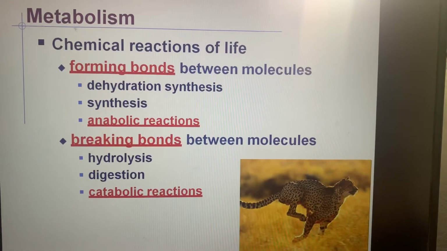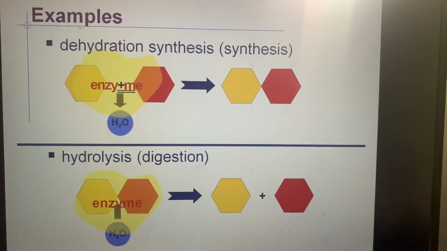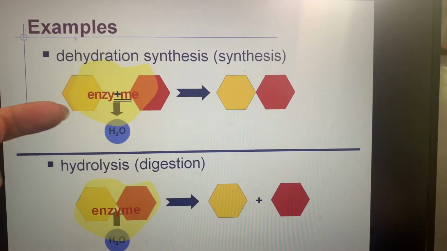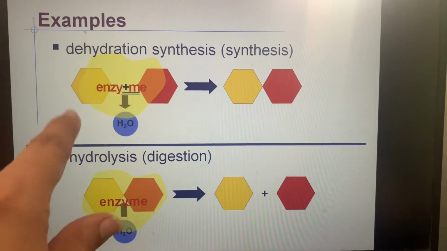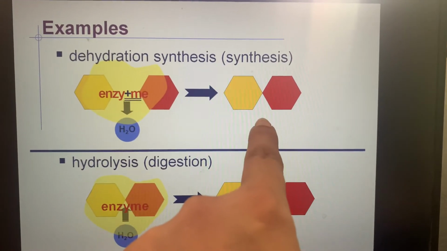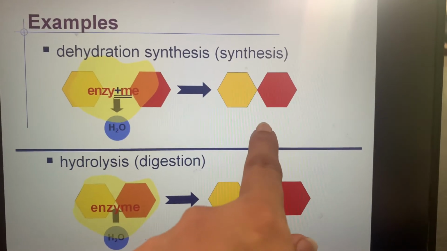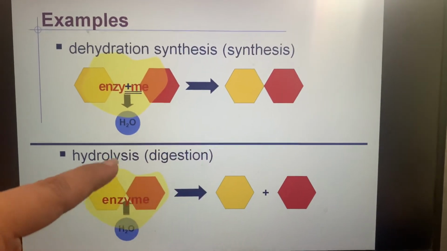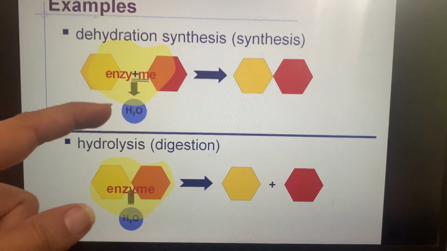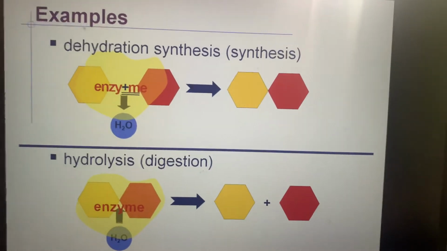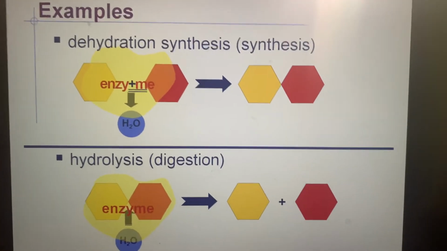You see, anabolic and catabolic reactions are summarized here. This is an anabolic reaction in which two molecules join together to construct a larger molecule. They are used up in the synthesis, and water is released during this reaction, and this is therefore called the dehydration step.